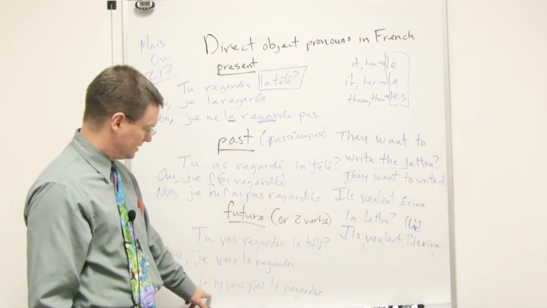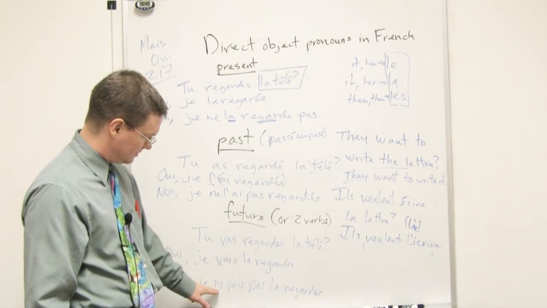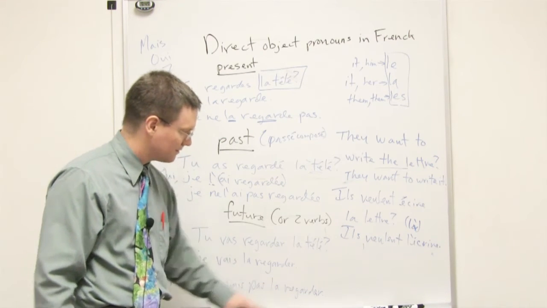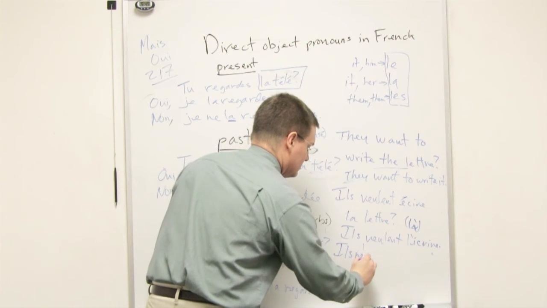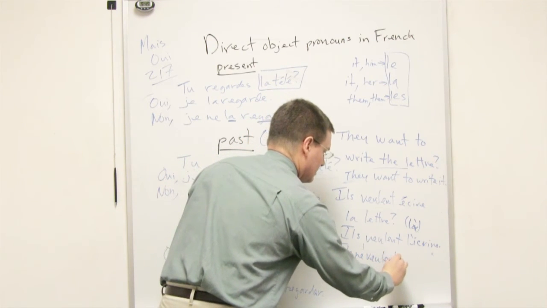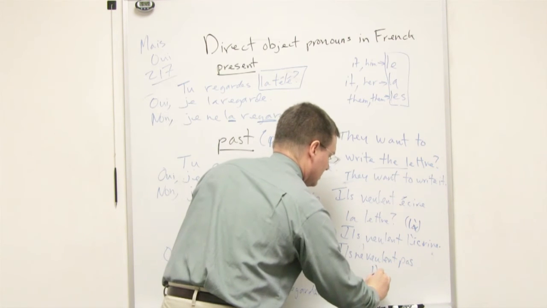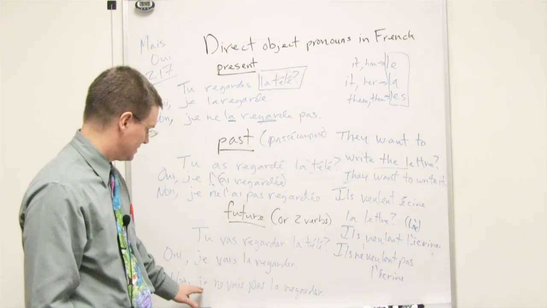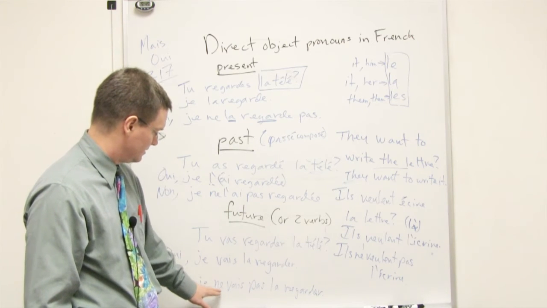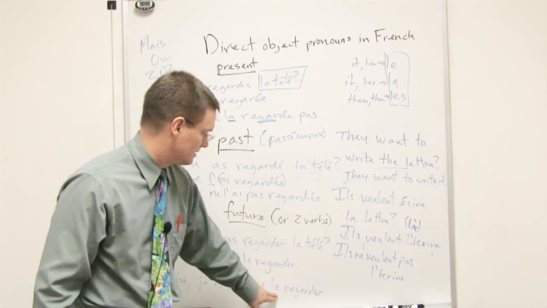What if I wanted to say they don't want to write it? Notice how similar it will be to this phrase here, our model. Ils ne veulent pas l'écrire. Notice how similar that is. No, ils ne veulent pas l'écrire.